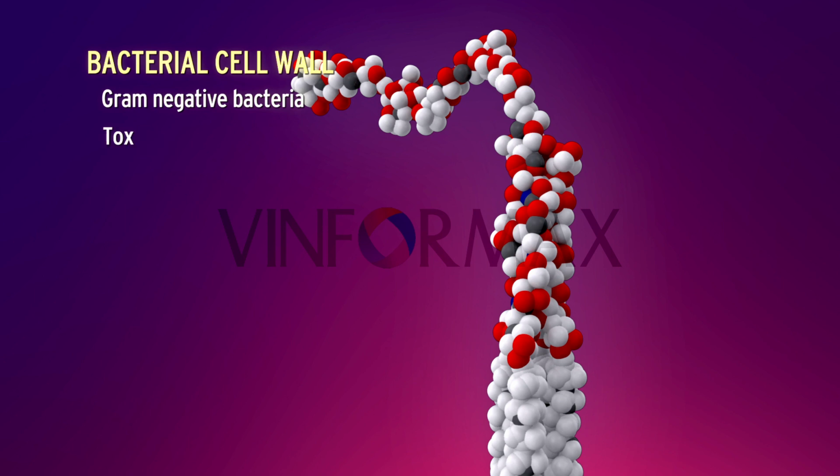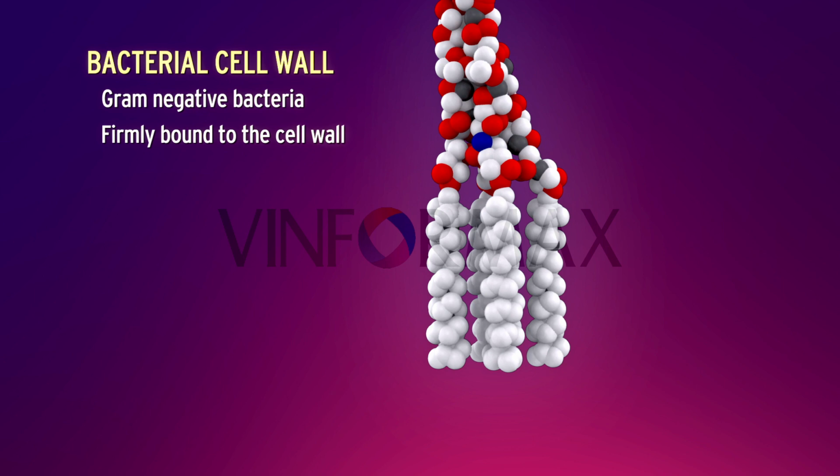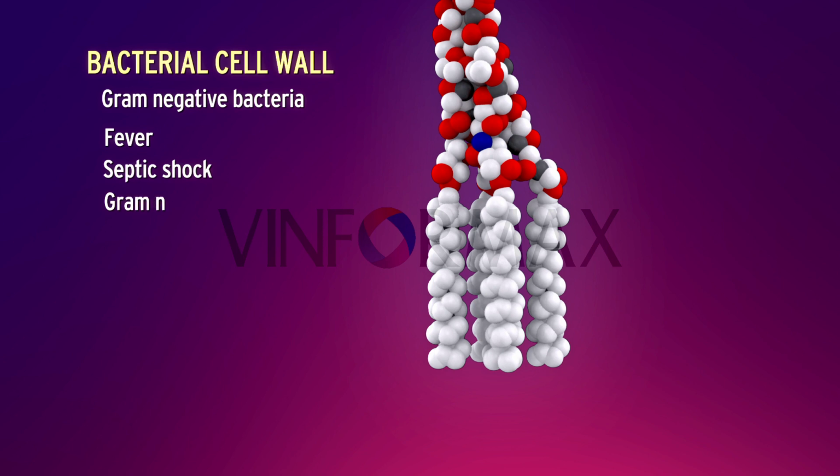Lipopolysaccharide is toxic in nature and is called endotoxin because it is firmly bound to the cell wall and released only when the cell is lysed. Endotoxin can trigger fever and septic shock in gram-negative infections. Endotoxin can be detected in IV fluids by the limulus lysate reaction.